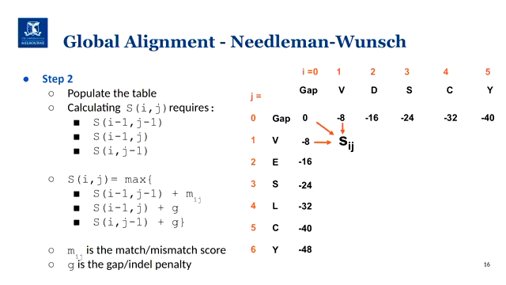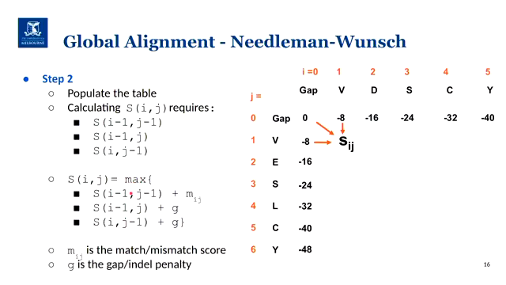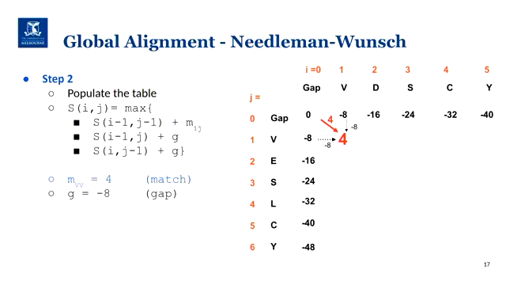Maximize one of these 3 values. So we want the maximum possible score. Okay? So we're going to choose between the diagonal, left to right, or top to bottom. And in this case, let's say we have the following options.